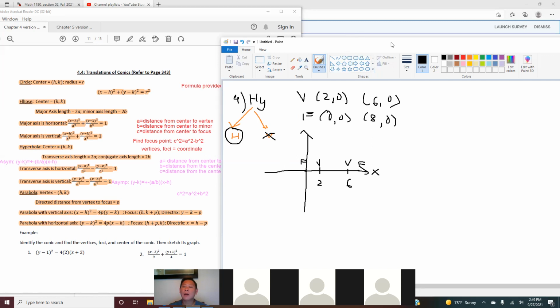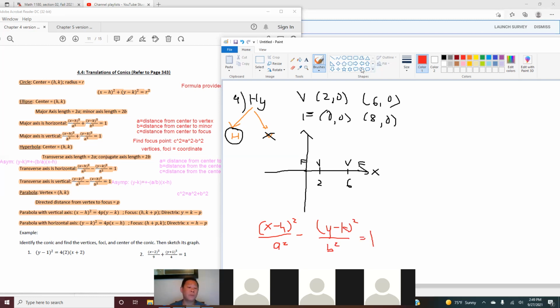That's correct. By looking at the formulas, the horizontal hyperbola is the first one. So I'm going to write down x minus h squared over a squared minus y minus k squared over b squared equals 1. This is the formula we use. Now we go back to HK again.